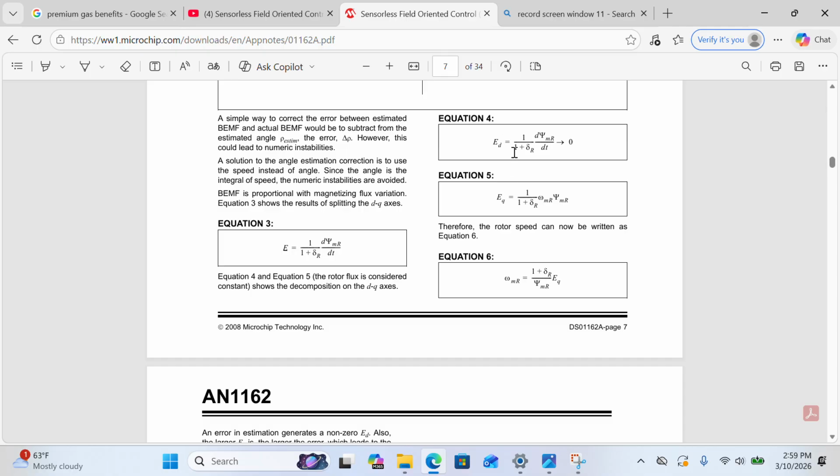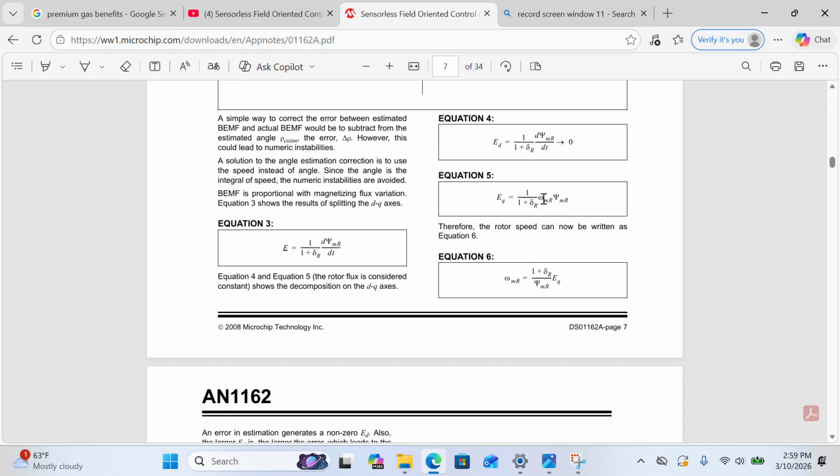ED is going to be this constant times the change of the magnetic flux. So when the flux is not changing, then it's 0. And EQ is going to be this constant times the rotor speed times the magnetic flux.